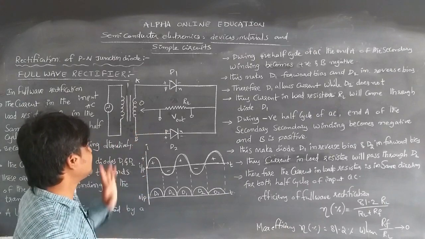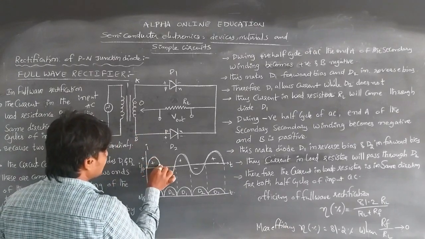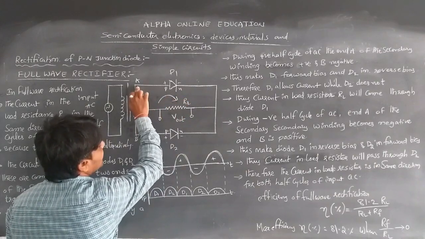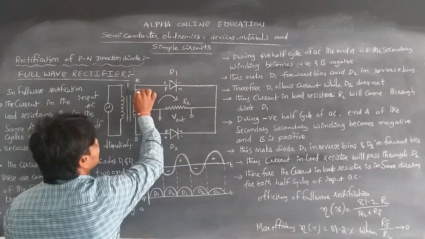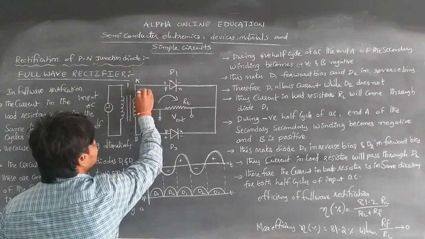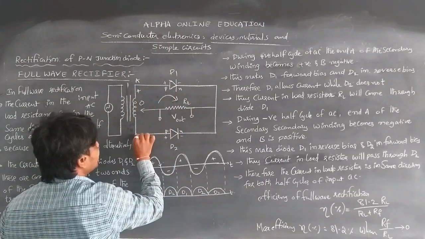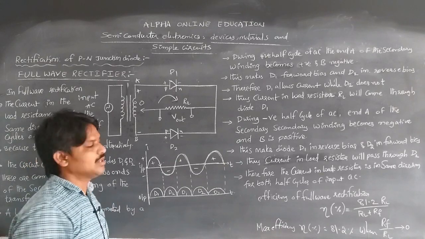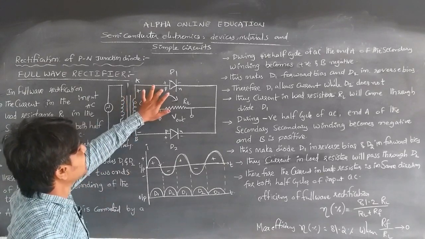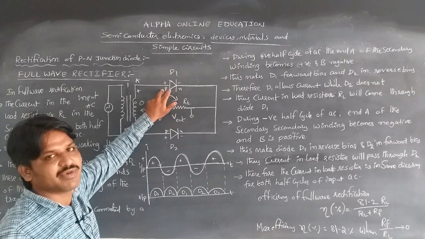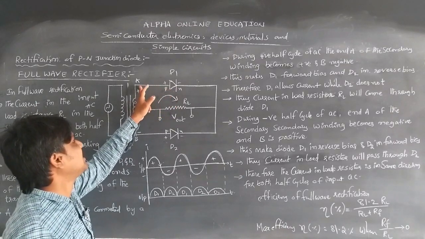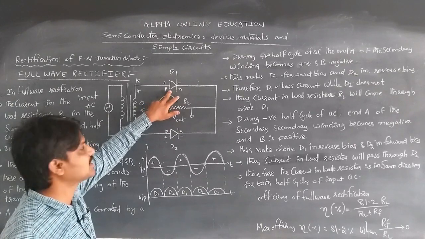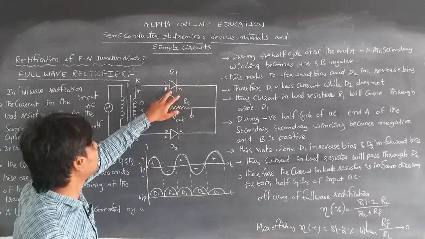Whenever the positive half cycle is given, end A becomes positive and end B becomes negative. So the P type side of the D1 diode is connected to the positive end, which means it is forwardly biased.